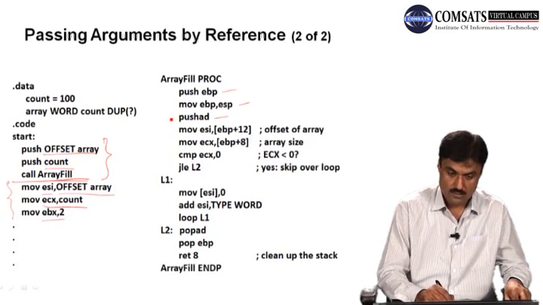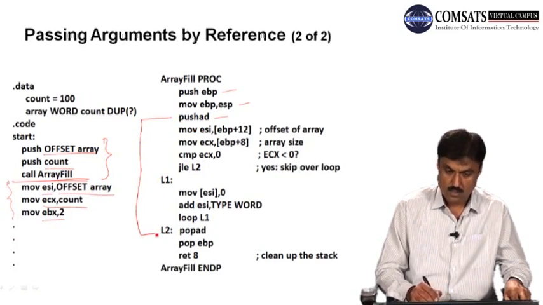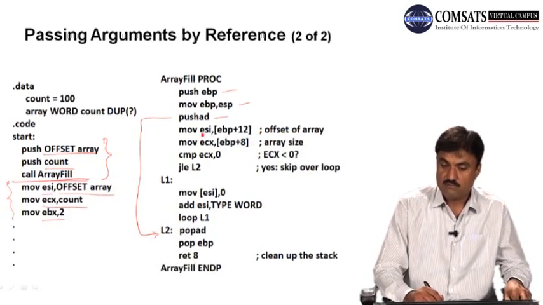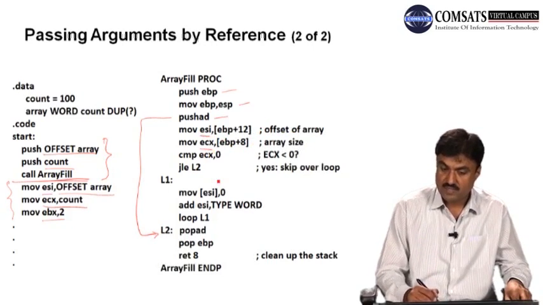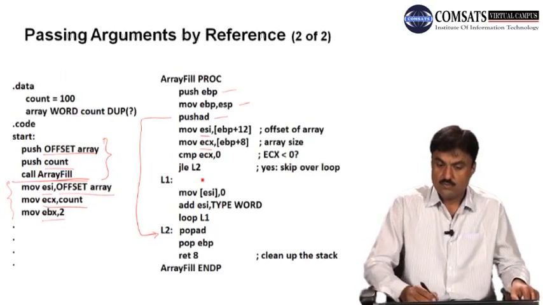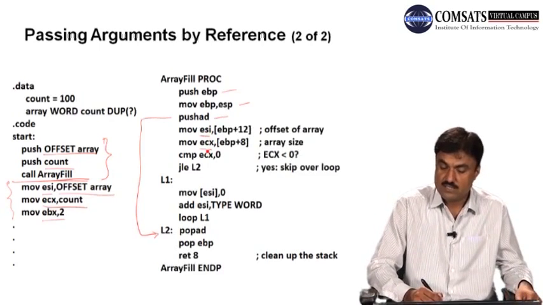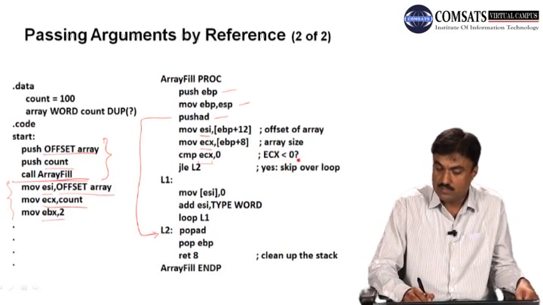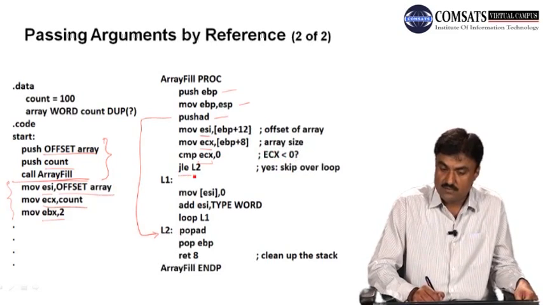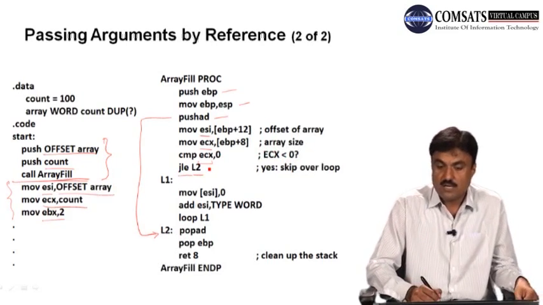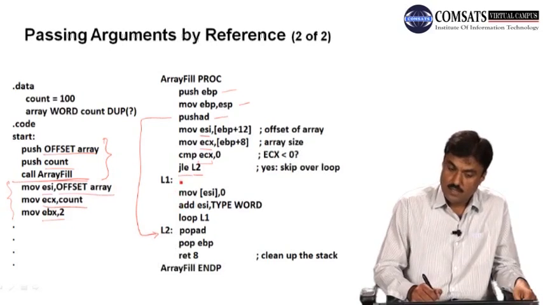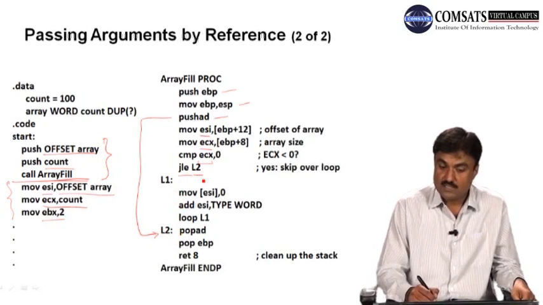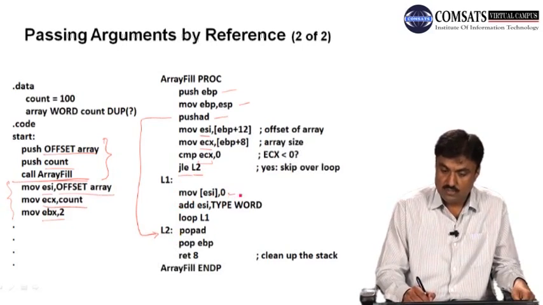Here you can see, first we have the ESI and we have the ECX. Now we compare ECX with 0. If ECX is less than or equal to 0, we jump. If it is not less than or equal to 0, it will not jump. If it is greater than 0, we move a value.